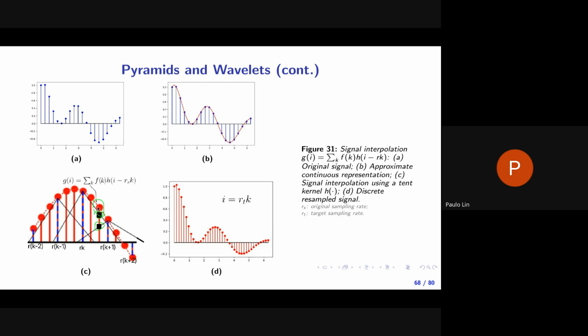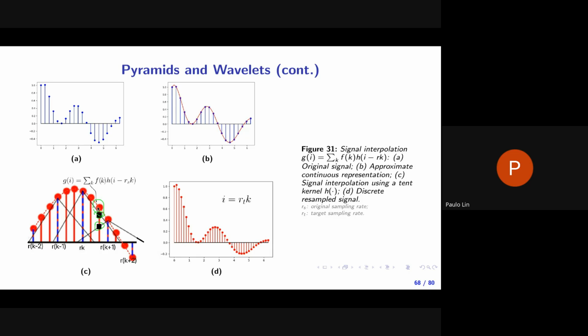So this is very similar to convolution, but in this case we're dealing with a discrete signal, and the kernel is a continuous one. So that's the difference between applying regular convolution in discrete signals and applying interpolation.